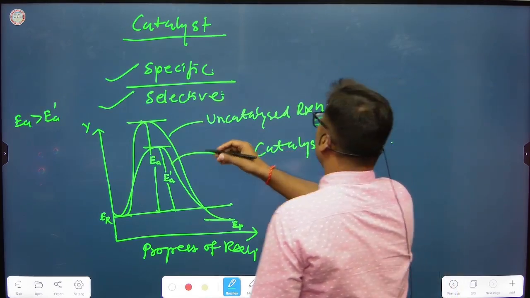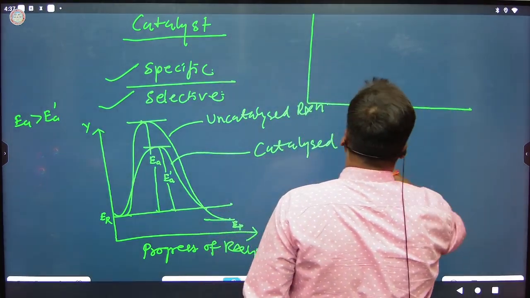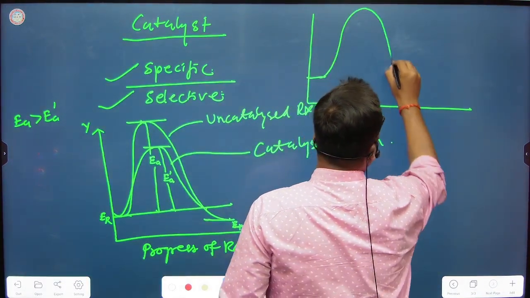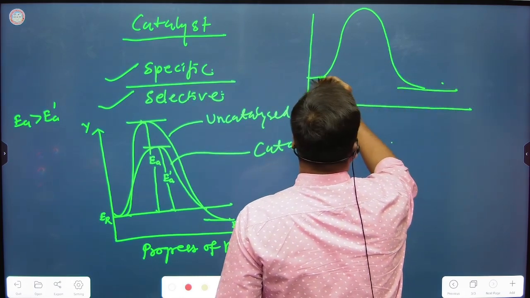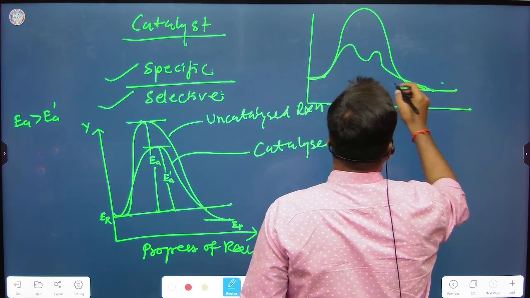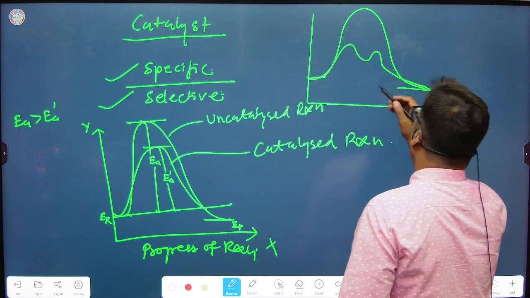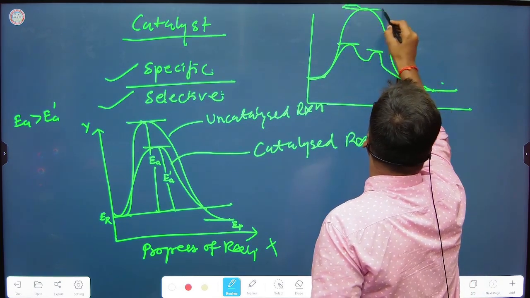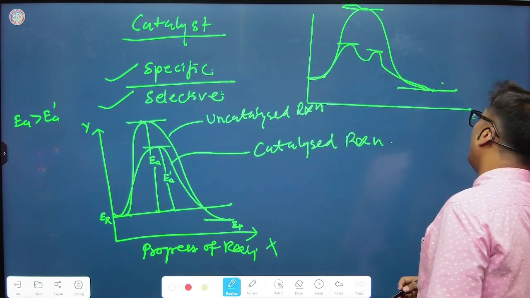It can simply look like this. So this is your uncatalyzed reaction. Here there may be two transition points, this point and this point. Here it may be only one single transition point.